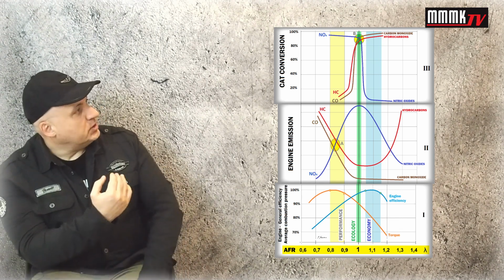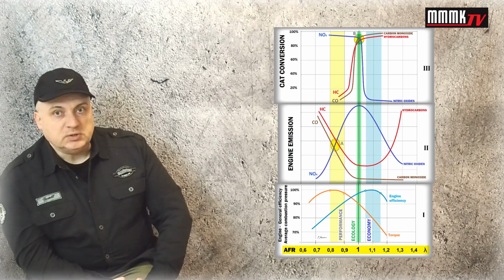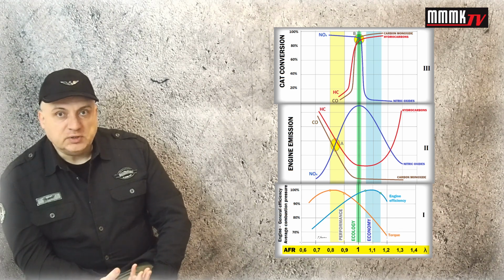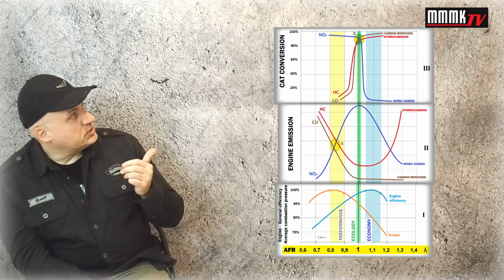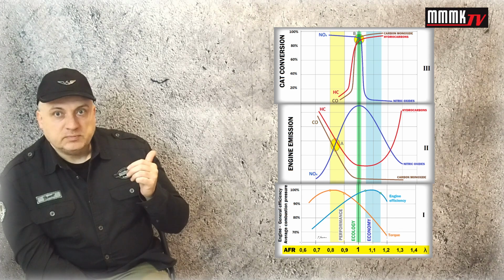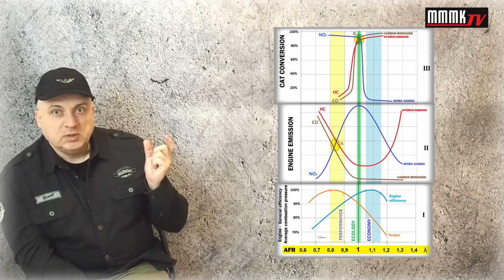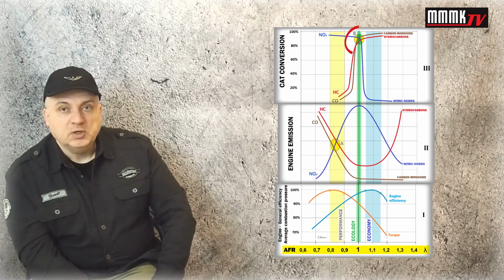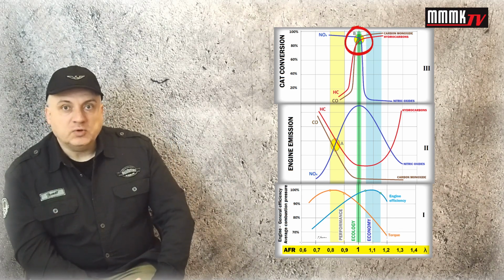So we can see on the top diagram how efficiently the hydrocarbons and carbon monoxide are oxidized, and how efficiently the nitric oxides are reduced. And as we can see, those three curves meet each other in the area marked with letter B, which is exactly for lambda 1.